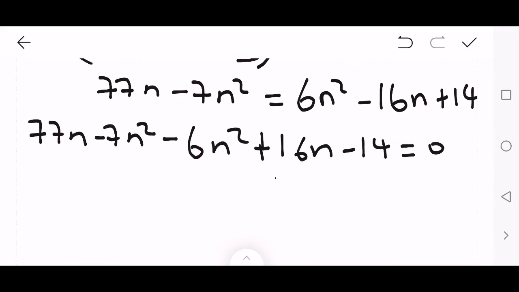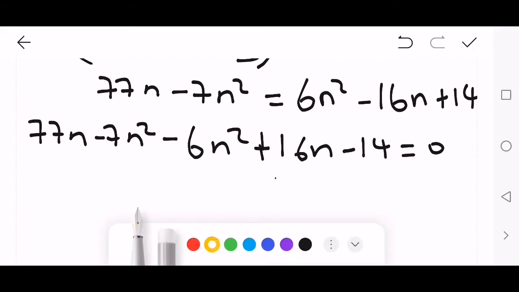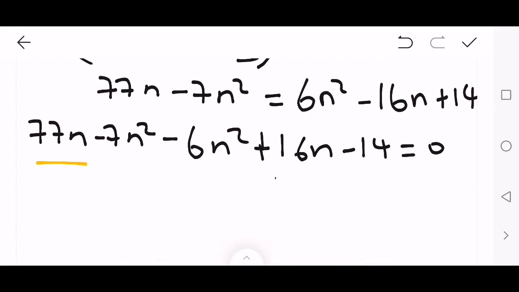So now looking at like terms, we have 77n and 16n.